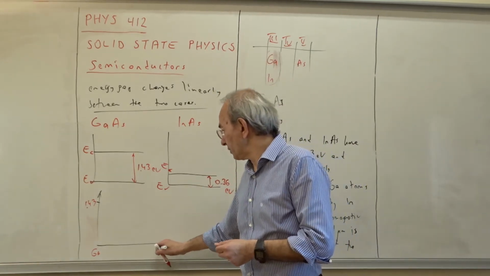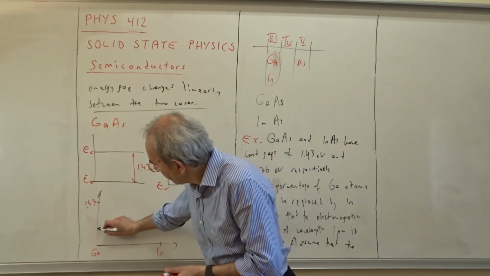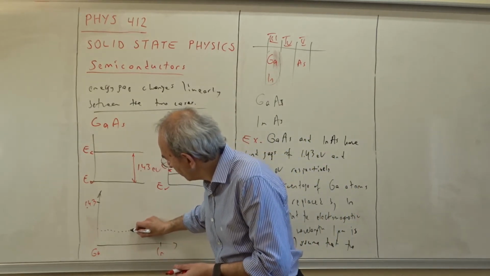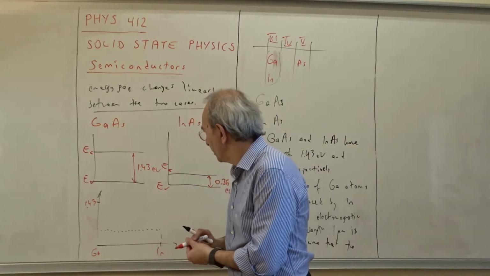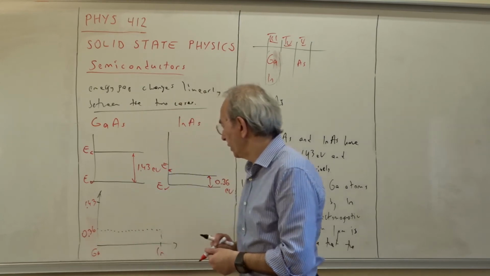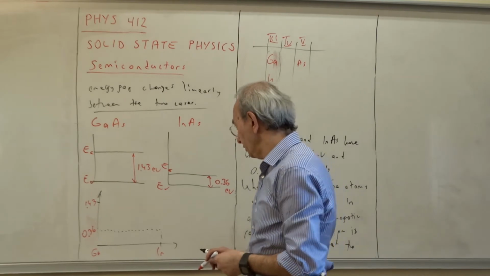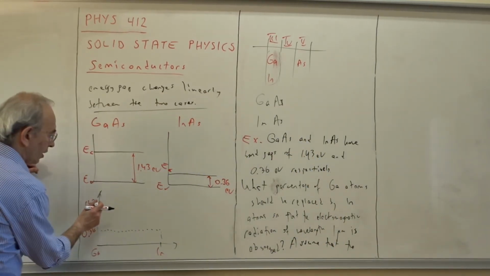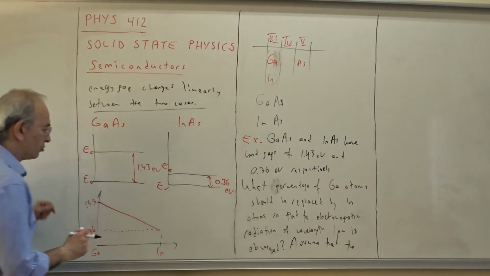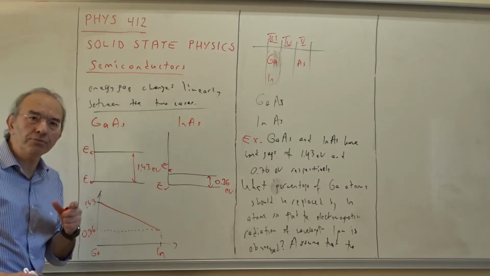Now for the other part, indium, we have roughly this. Alright, 0.36. And assume we have a linear function, roughly. So we have sort of such a function between totally gallium and totally indium cases.